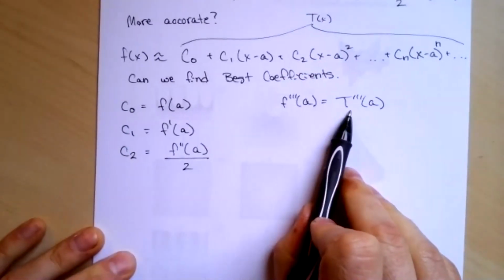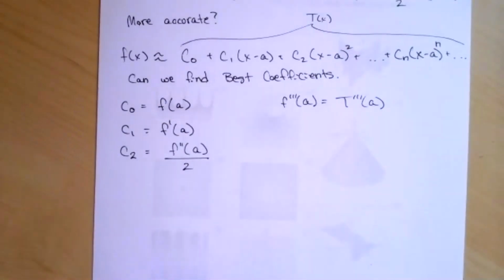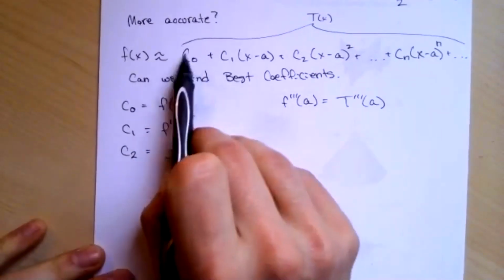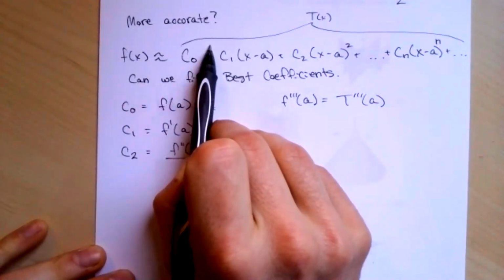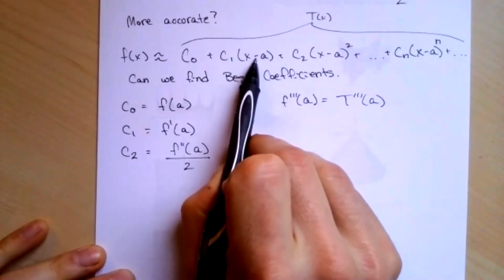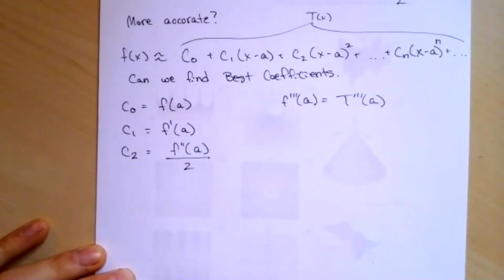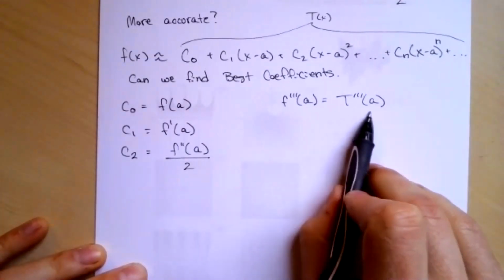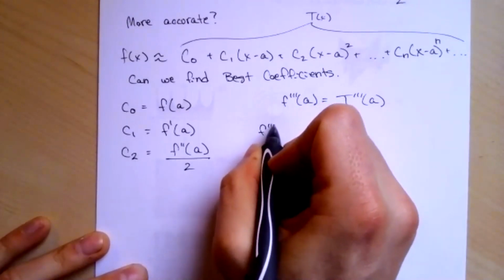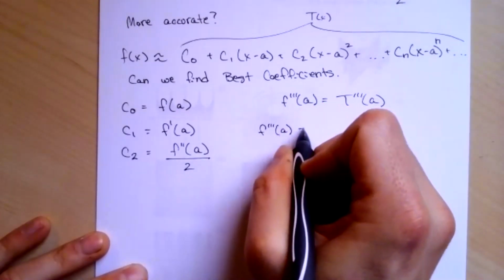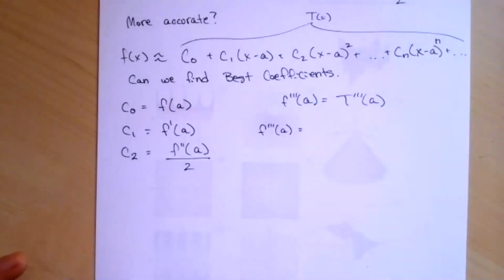Well, now we're taking three derivatives of our Taylor polynomial. The first derivative is going to kill that term. This term will go down to x to the 0. Second derivative we saw kills the linear term. Our third derivative, what's going to happen?